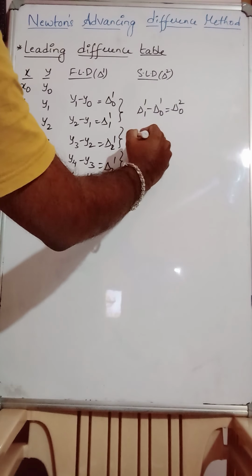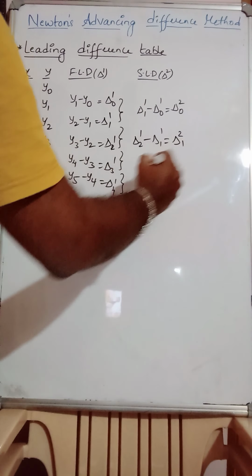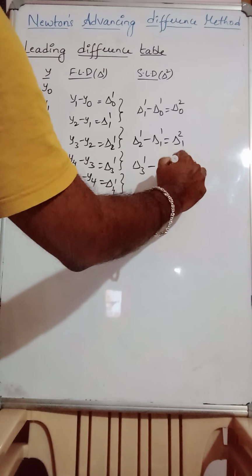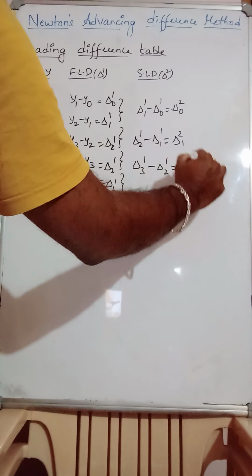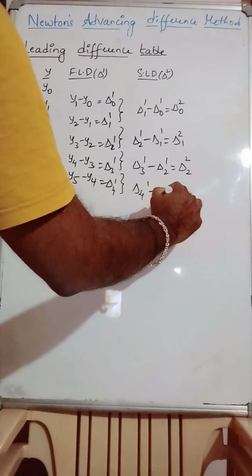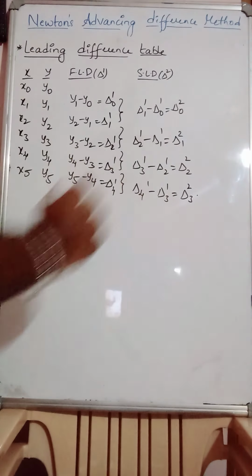Next here, delta 2 1 minus delta 1 1. This will become delta 1 2. Delta 3 1 minus delta 2 1. This will become delta 2 2. Delta 4 1 minus delta 3 1. This will become delta 3 2.